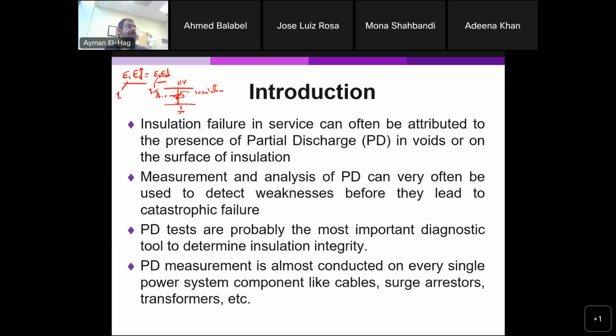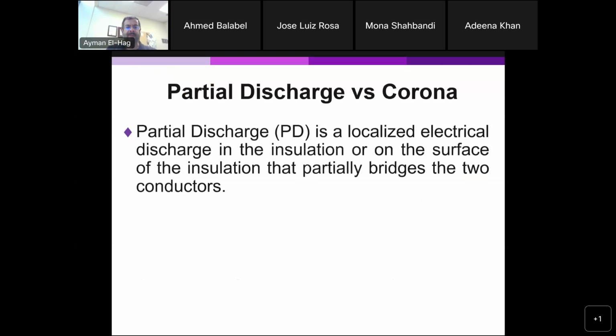So it can be caused not by a manufacturing defect, but by aging that happens on site. So you need to measure the partial discharge frequently on site as well. Today, I will talk about the partial discharge measurement system in the factory. Later on, we'll talk about the partial discharge measurement in the field.